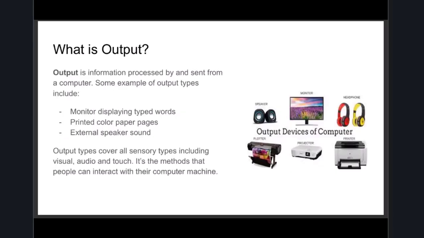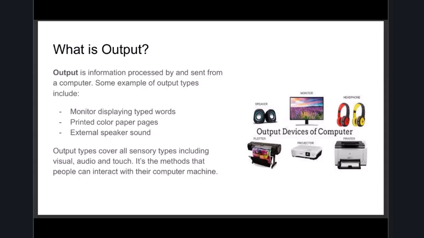Now we're going to contrast input with output. Output will be any information that is processed by a computer and displayed in some type of format to be viewed or heard by a user through some type of output hardware. Output can come in both visual, audio, and tactile or touch forms.